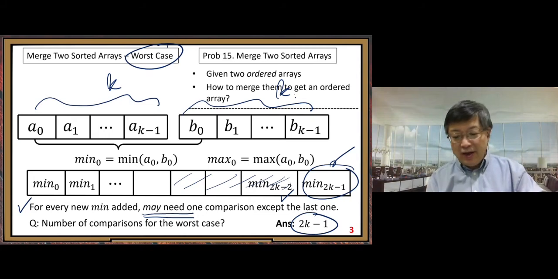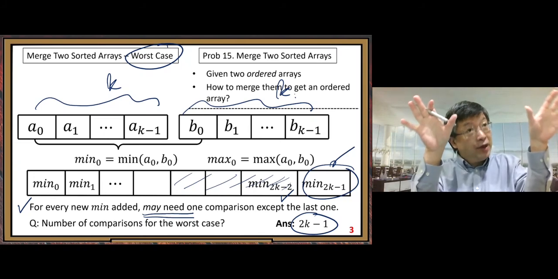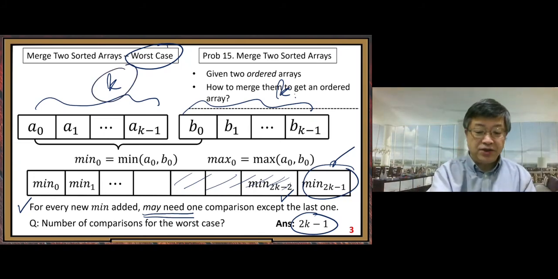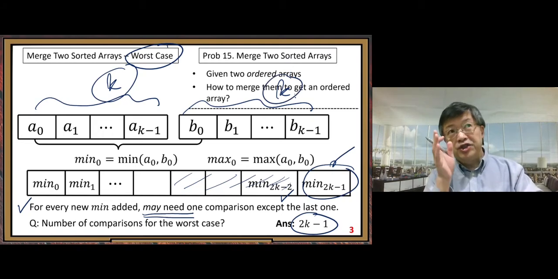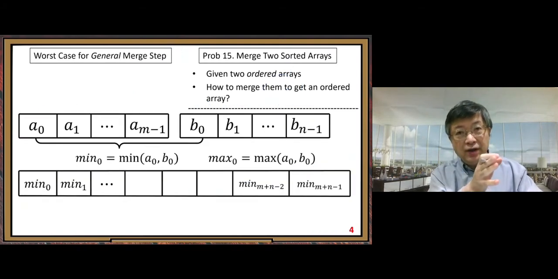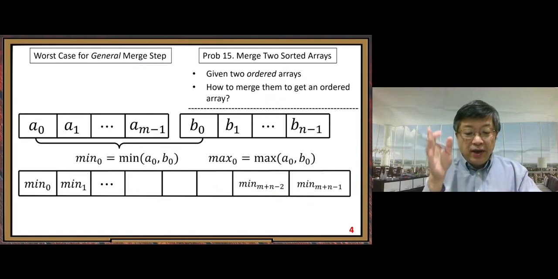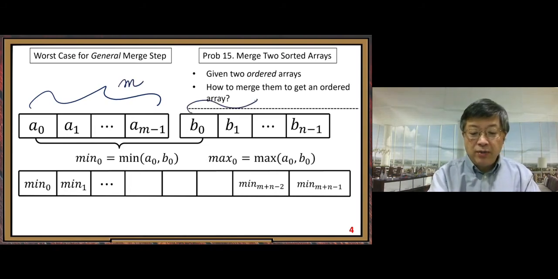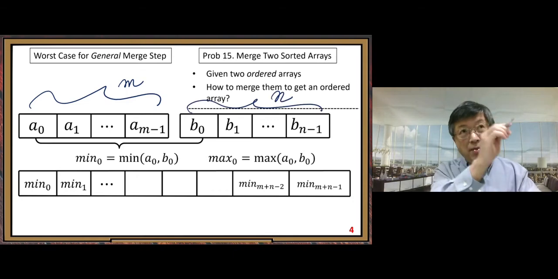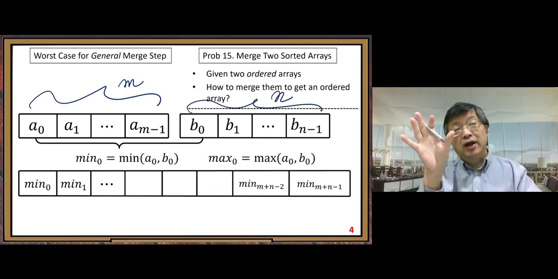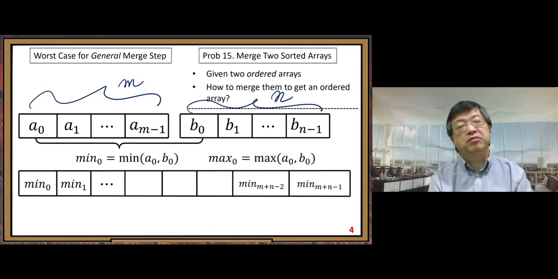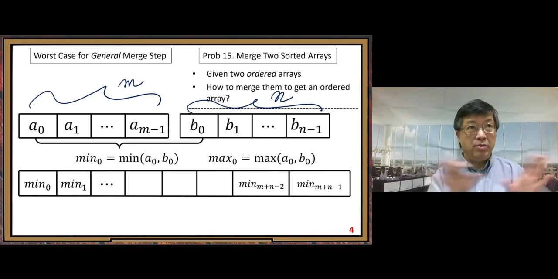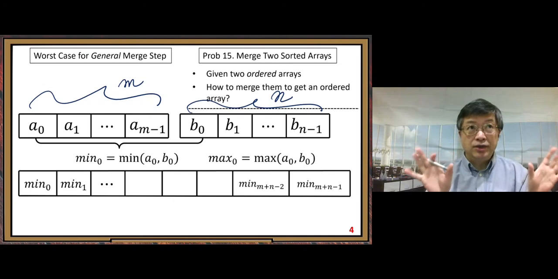But this worst case assumes two subarrays of equal size k. With the same method, we can consider the first subarray has m elements and the second subarray has n elements. M and n could be different. So here we want to consider the general merge step, not necessarily equal size subarrays.